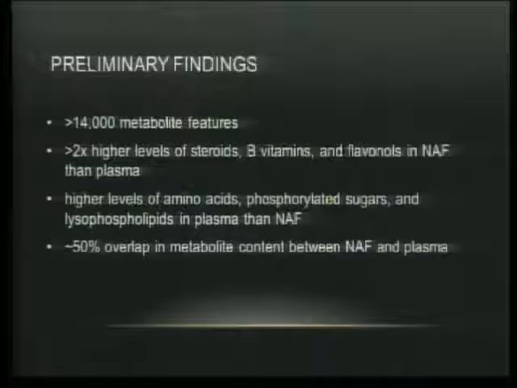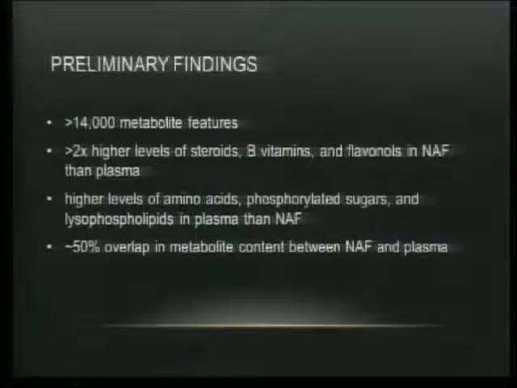And so we were able to see over 14,000 metabolite features. We were able to identify general classes of metabolites. So there's 2-fold higher levels of steroids, B vitamins, and flavonols in NAF than in plasma, and higher levels of amino acids, phosphorylated sugars, and lysophospholipids in plasma than in NAF.